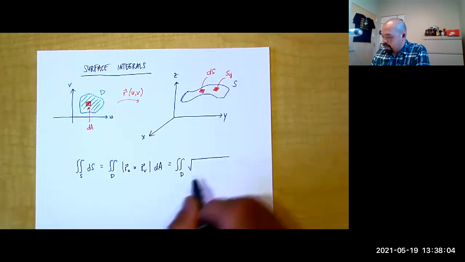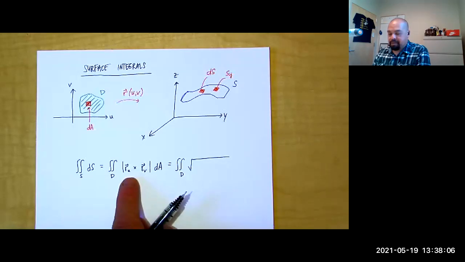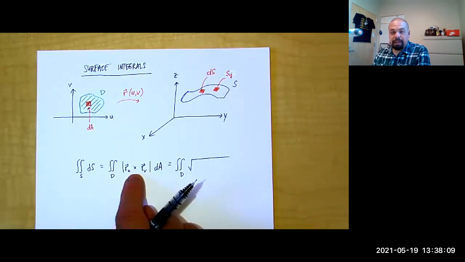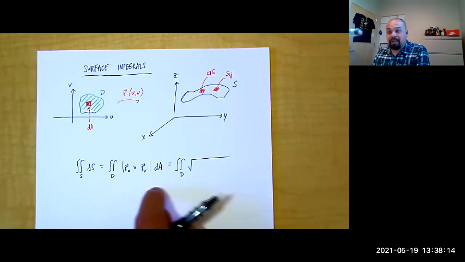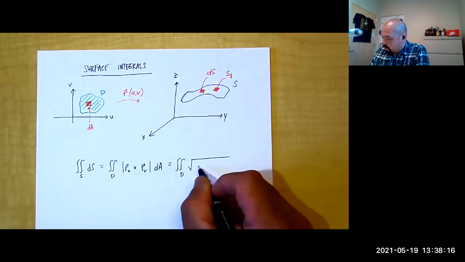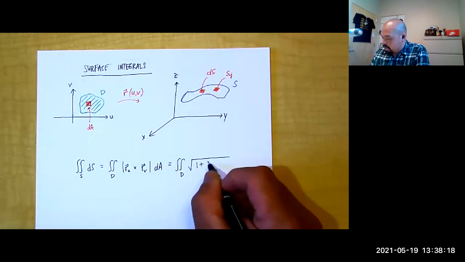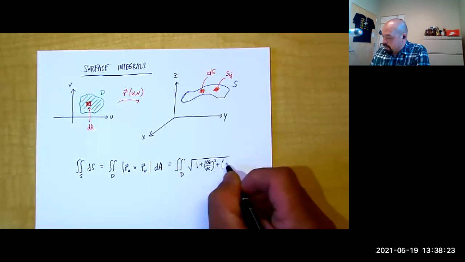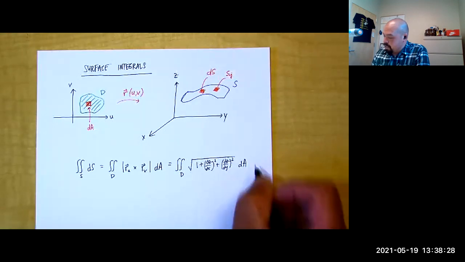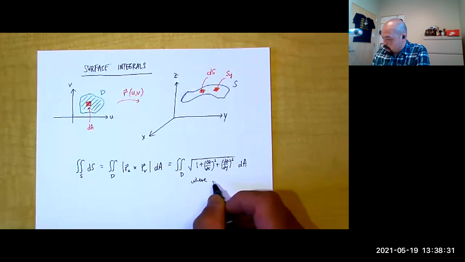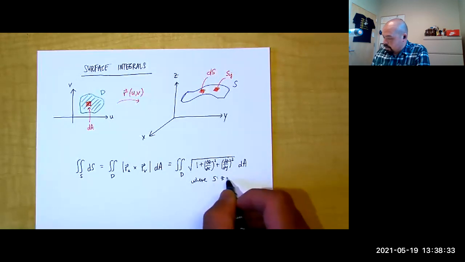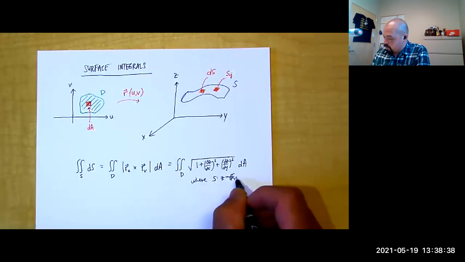in our previous lecture. And as we can define, if our surface is a function z of x and y, we might look at it in terms of the square root of 1 plus dz/dx squared plus dz/dy squared, dA, where our surface is z as a function of x, y.